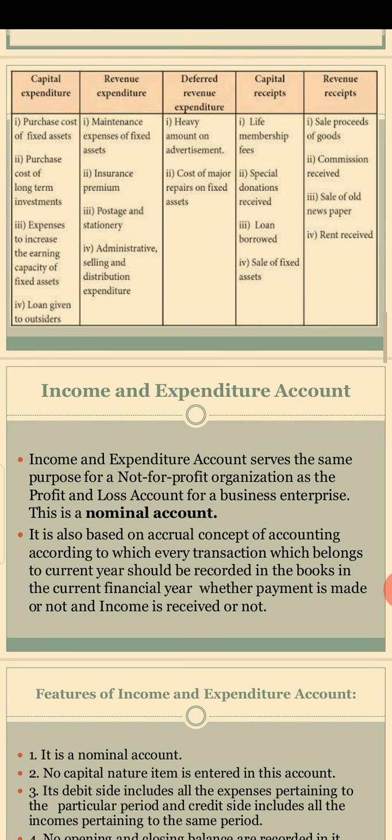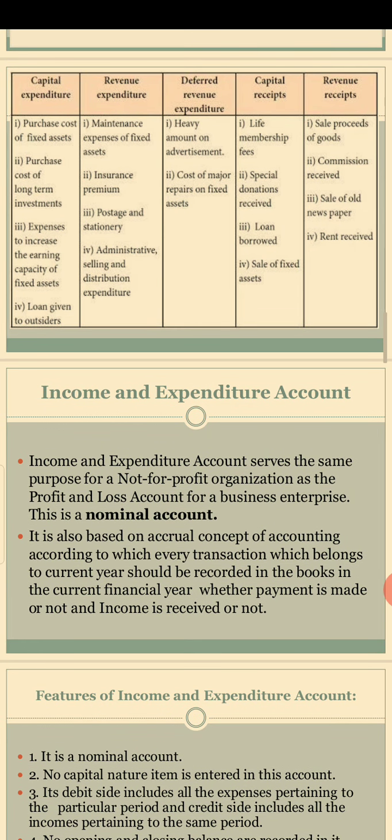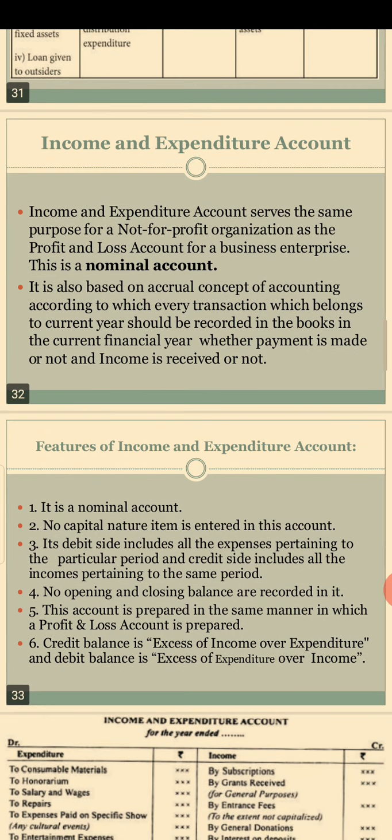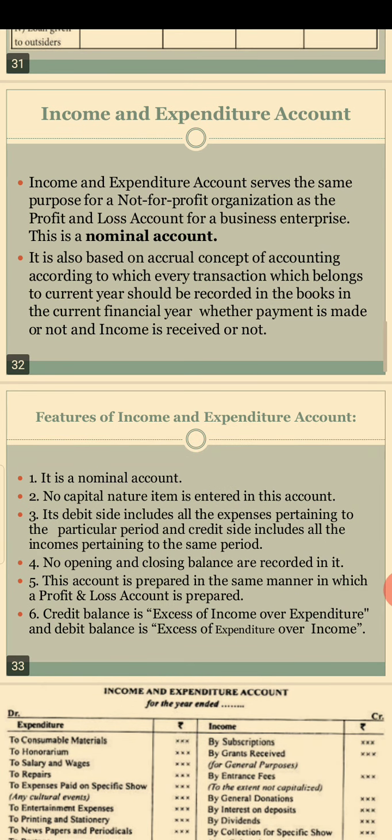After discussing the receipt and payment account, we are going to discuss the income and expenditure account. Simply, I want to say that the income and expenditure account is just like a profit and loss account. All expenses and losses come under the debit side or left hand side.